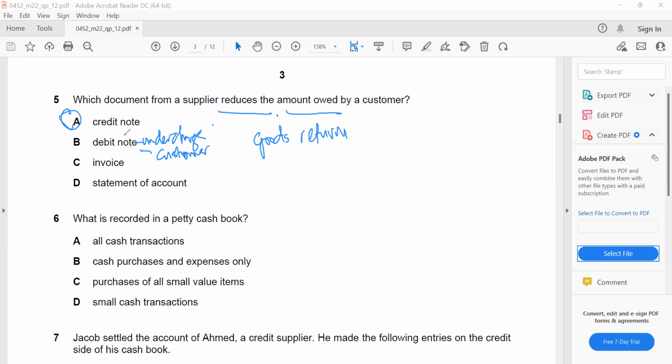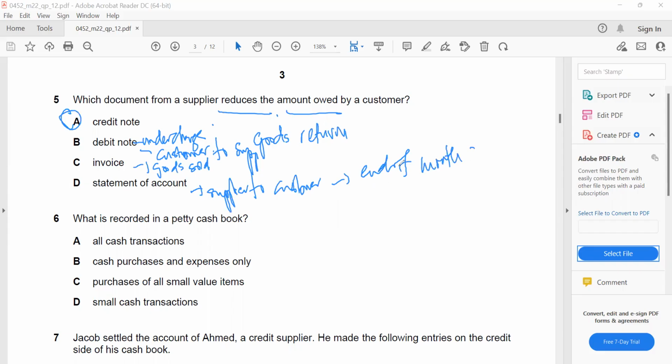The customer requests the deduction, customer to supplier. Invoice is when goods are sold. Statement of account is from supplier to customer at the end of the month. So this is to chase the money or remind of the outstanding.